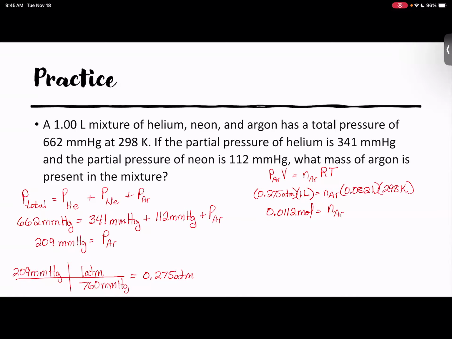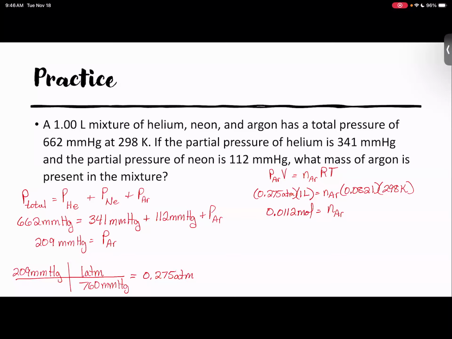And right now, my repertoire involves Dalton's law of partial pressure, mole fractions, and the ideal gas law. So I went to the ideal gas law and went to moles because that's what I knew at this point.